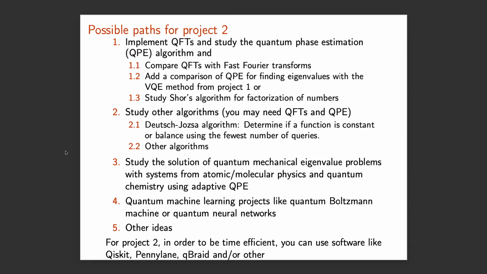One possible path is, if you are familiar with fast Fourier transforms, the classical algorithm for performing Fourier transformations, you can compare the QFTs with the fast Fourier transforms and have a pretty broad discussion about those properties.